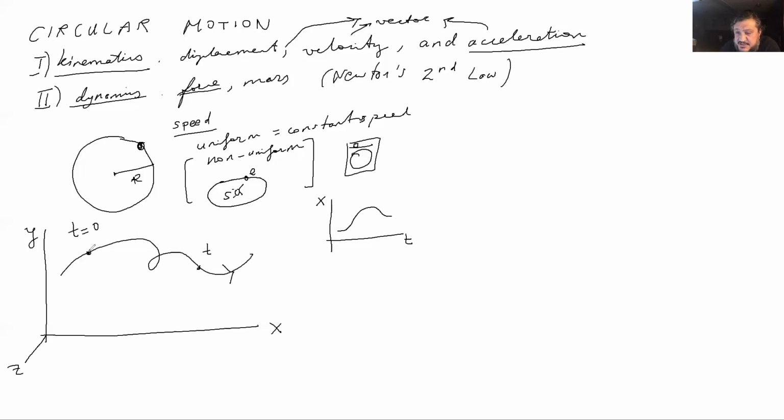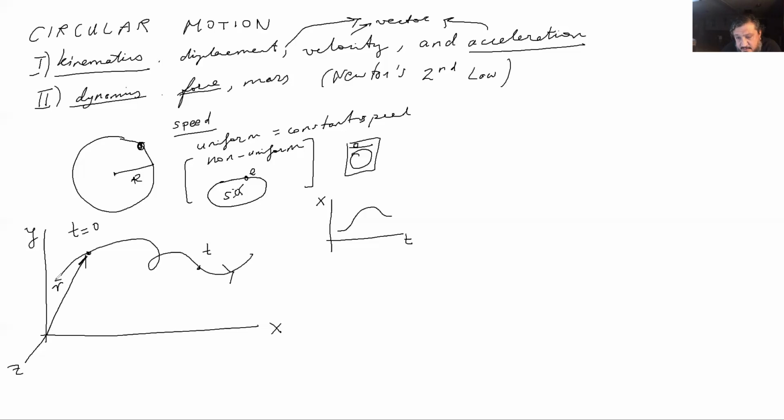What about the position of the fly? How do we define it? Well, we need a position vector. A position vector starts from the origin and simply points at where the object is at that time. This is the position vector. R stands for radial, if you will.